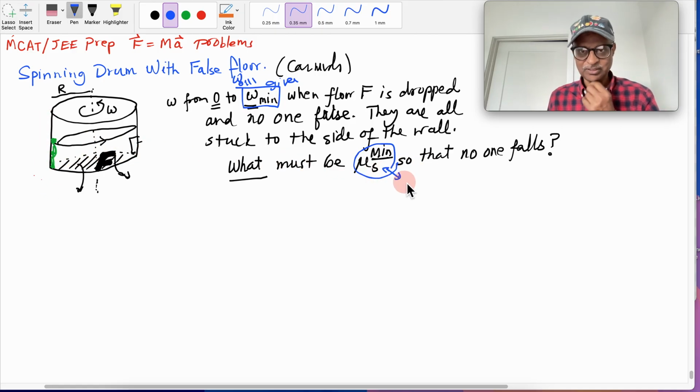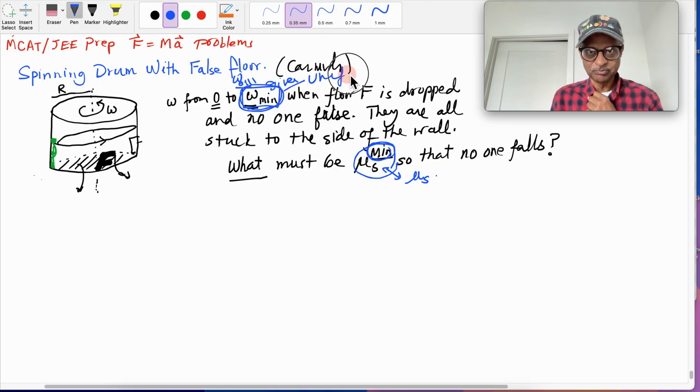Let's call this just mu s. There should be the minimum amount of static friction that you need. So this coefficient I need to figure out. This is another motion in a circle, and at this point it becomes uniform circular motion.